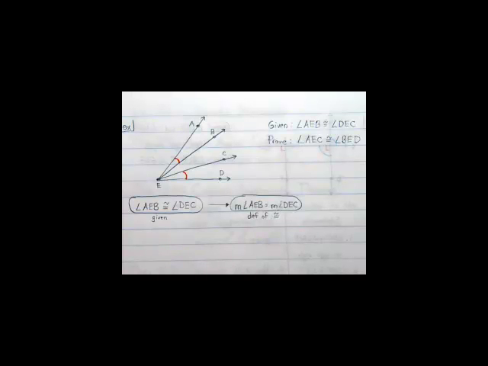AEC and BED. Do you see how both of those two angles are made up of two little angles inside of them? So what do you suppose we're going to do next then? Not yet. We're going to get there, though, eventually. Right. We're going to add those angles together to equal the bigger ones.